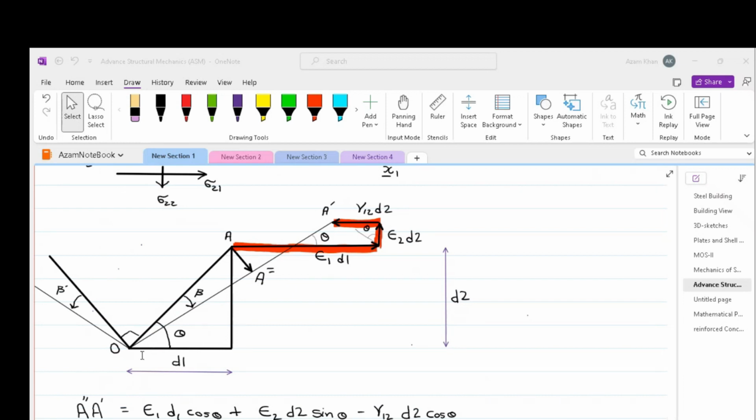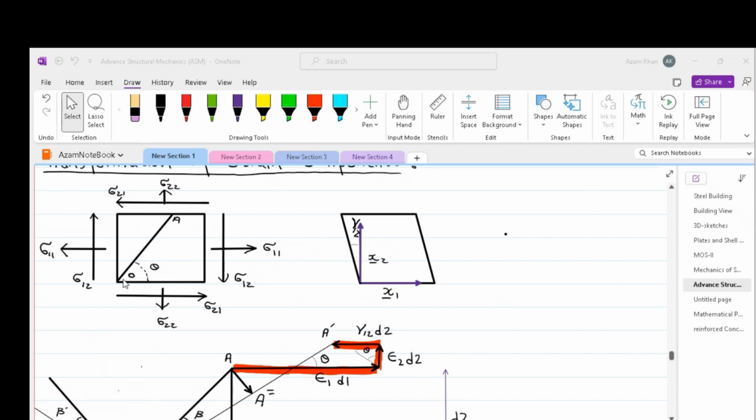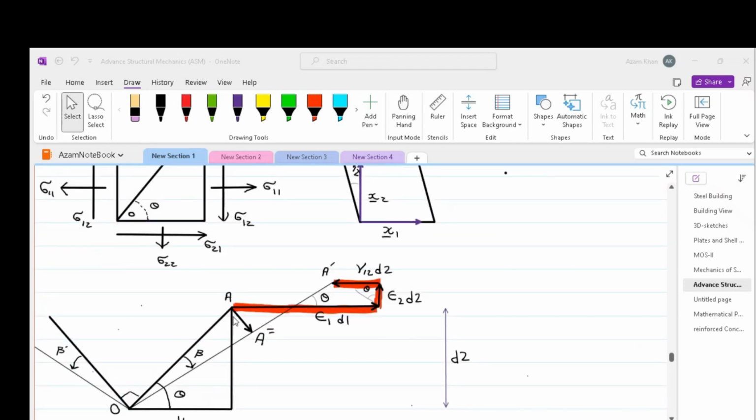OA changes its angular position by a very small amount that we call beta, and OA is also elongated to OA dash. The movement of A to A dash is the vector sum of the axial elongations and the shear distortions.